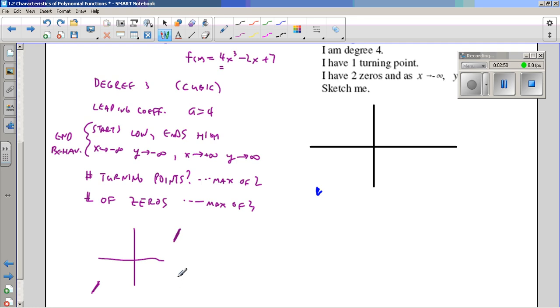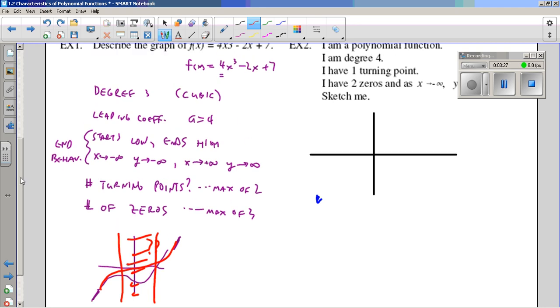We kind of know it's normally snake shaped, but we don't know where the squiggle is, how many zeros it goes through, or maybe it's like the basic one that doesn't really have any turning points. So we know just the end behaviors at this point. That's still more than we knew beforehand.